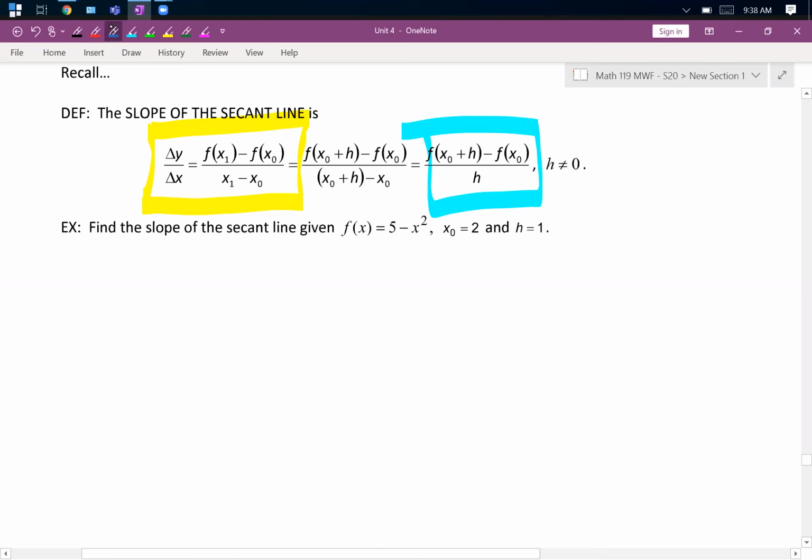So to find the slope of this secant line, we just need to plug it into our blue boxed formula there. We're going to have 5 minus 3, or 2 plus 1 squared, minus 5 minus 2 squared.